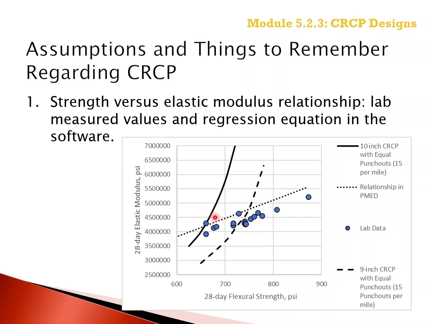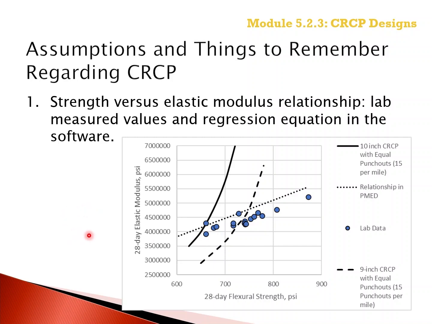Thus, the inputs to be used in design should follow the input level used for calibration. In other words, if the laboratory measured values, the blue circles, were used either for input levels 1, 2, or 3, those laboratory measured values should also be used in design.